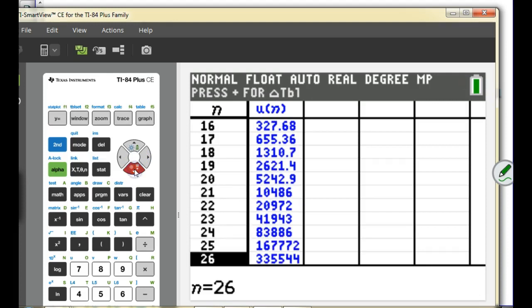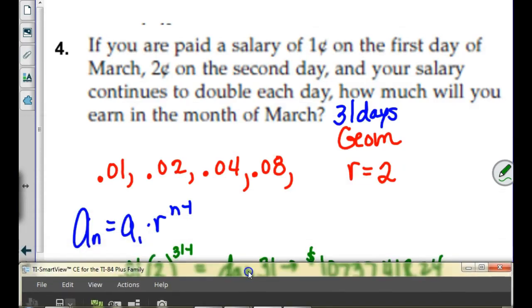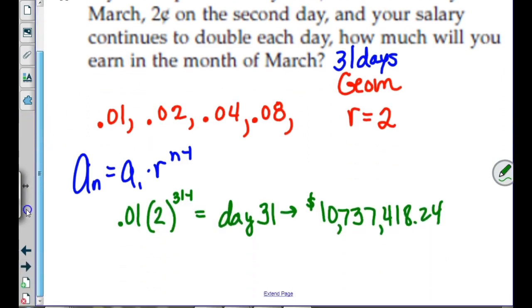And then it gets really exciting. Like day 21, you're making 4 digits a day. Okay. All right. But what did the question actually ask now that we saw that and we're really excited? So what do they really want to know? Yes. So how are we going to do that?